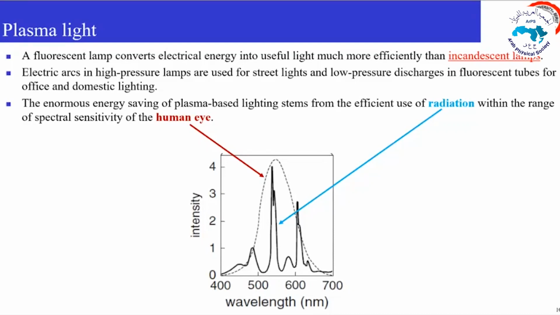If we are able to save, let's say, 1% or 2% or 0.1%, when you multiply this by the large amount of these lights that are being used, then a lot of savings can be made.